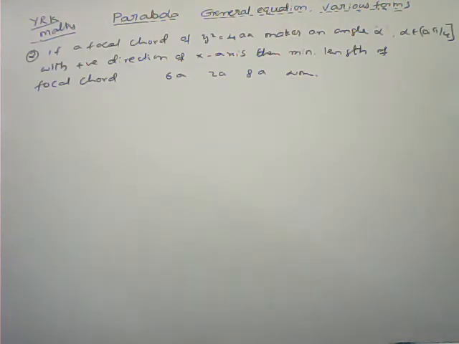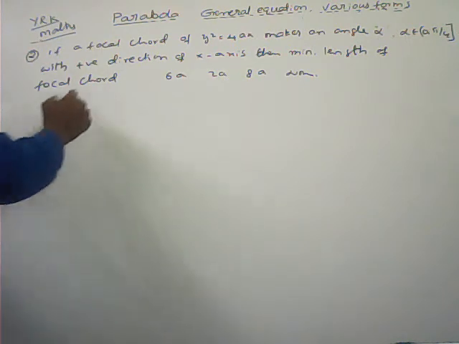Here, if a focal chord of the parabola y square equals 4x makes an angle alpha, where alpha belongs to 0 to pi by 4 with the positive direction of the x-axis, then the minimum length of the focal chord. Here we already discussed that one.